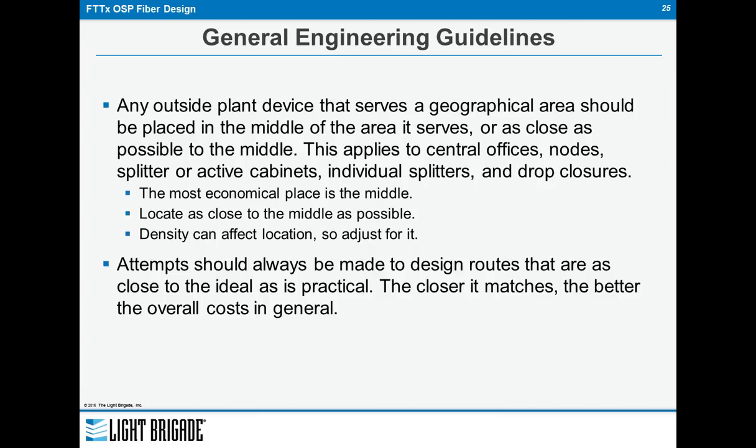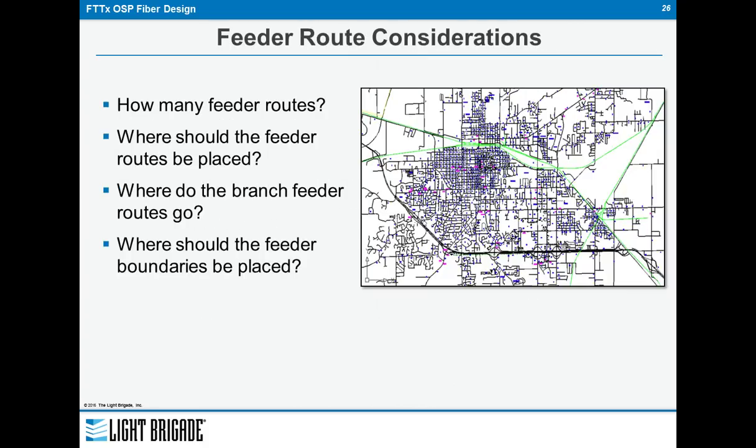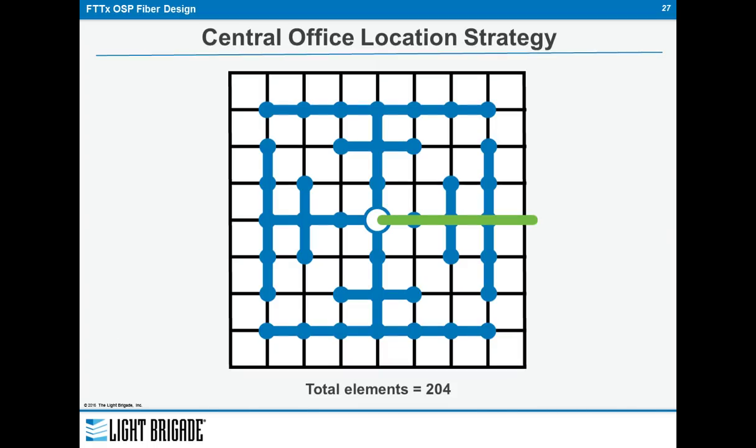The closer that you can make it to the ideal, the better your overall cost structure is going to be. Which brings us to the next question that I have: how many feeder routes? I've already given you the answer. We looked at it in diagram 1. How many and which way they should go, and then what direction our branch feeders should be, and then the boundaries that those feed.